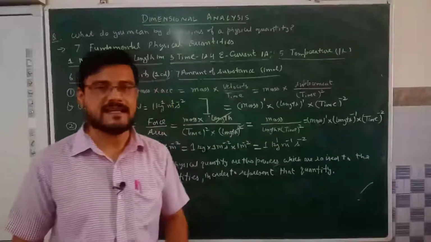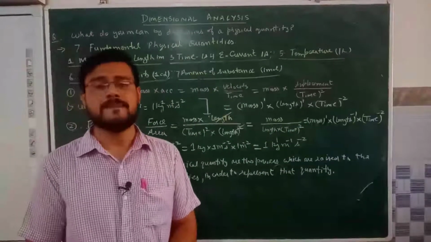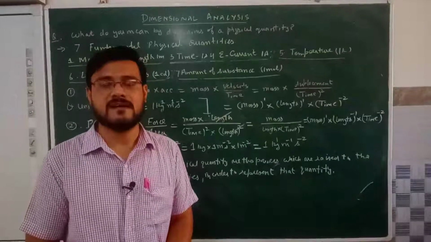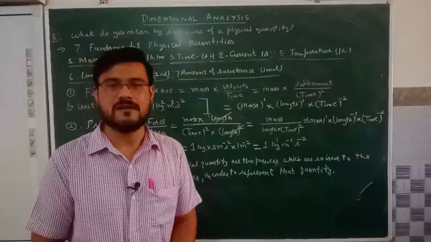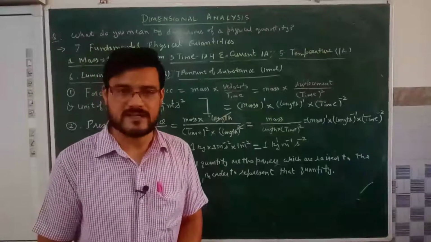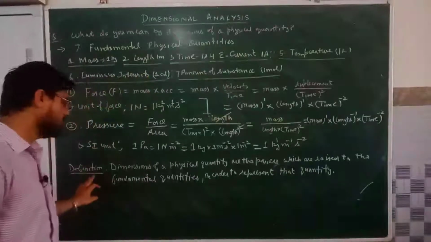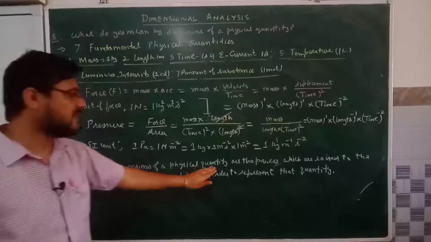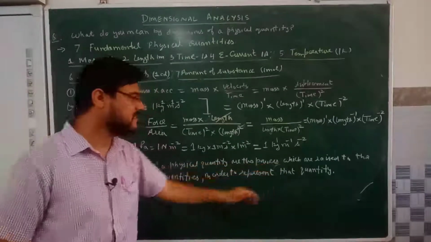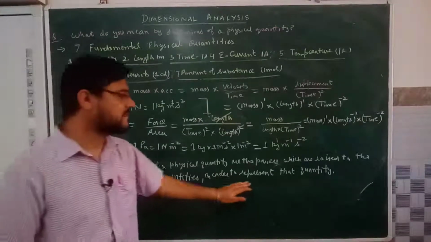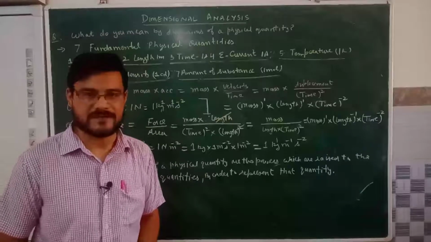But how exactly force and pressure depend upon mass, length and time is indicated by the dimensions. So we can define that dimensions of a physical quantity are the powers raised to the fundamental quantities in order to represent that quantity.